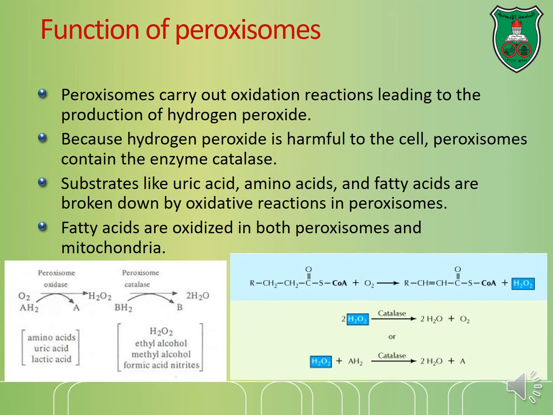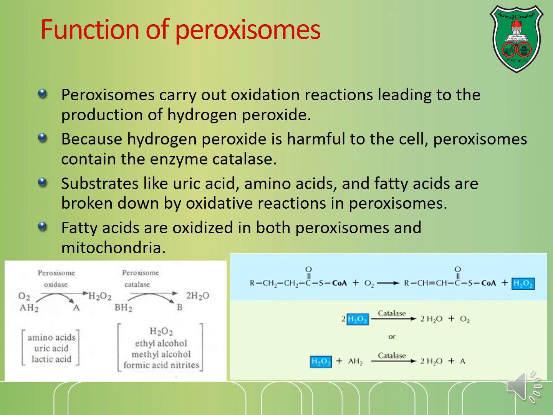These are the main functions of peroxisomes. They carry out oxidation reactions that can lead to the production of hydrogen peroxide. Hydrogen peroxide is harmful to cells, so they also contain the enzyme catalase that converts hydrogen peroxide into water and oxygen.